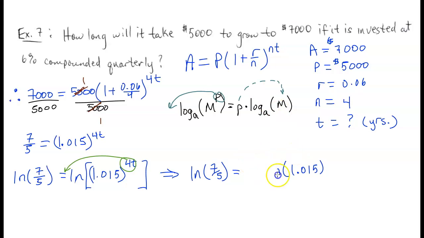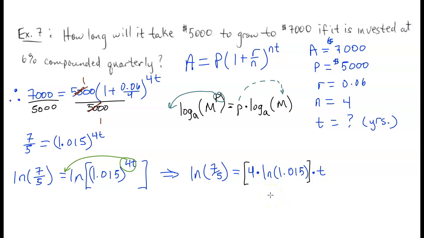In general here, I'm going to rewrite this and say that this is going to be 4 times natural log of 1.015 times t, like that. And here I'm going to put this in brackets.